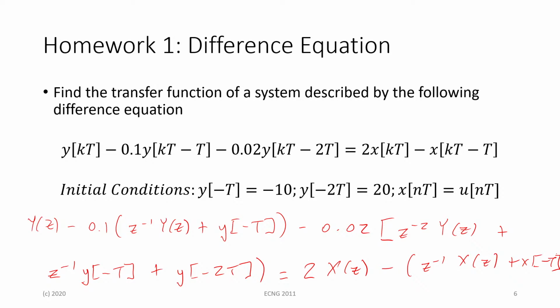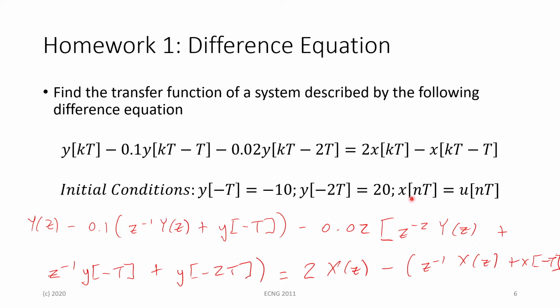So we have our initial conditions here, y(-T) equal to -10, which we can substitute in accordingly. And we also have y(-2T) being 20, which we can substitute in accordingly.